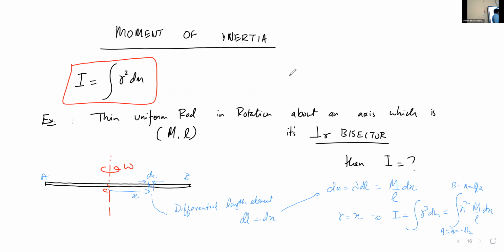Okay, so the logic of the limits is clear now, because this axis is passing through the midpoint. So the x coordinate of the point A will be minus L by 2 and of B plus L by 2.